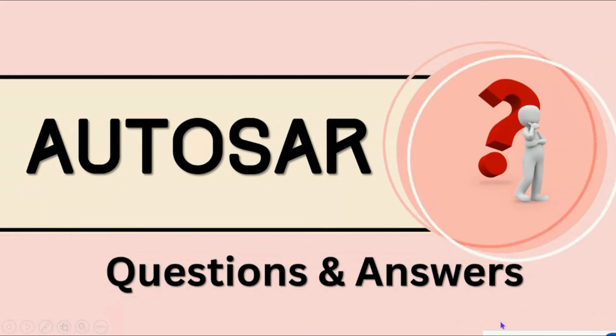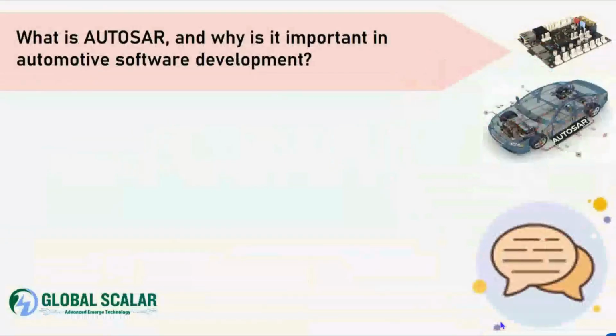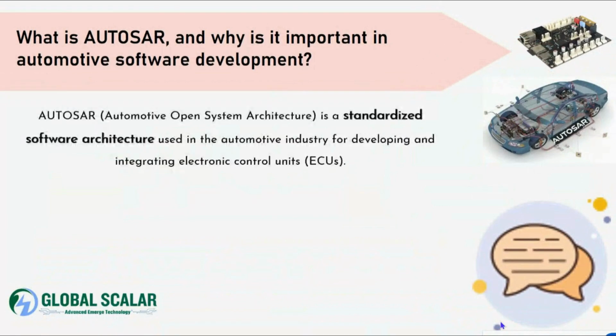AUTOSAR questions and answers. What is AUTOSAR and why is it important in automotive software development? AUTOSAR, Automotive Open System Architecture, is a standardized software architecture used in the automotive industry for developing and integrating electronic control units.